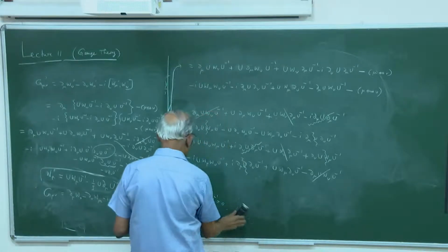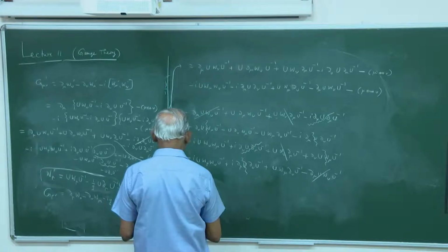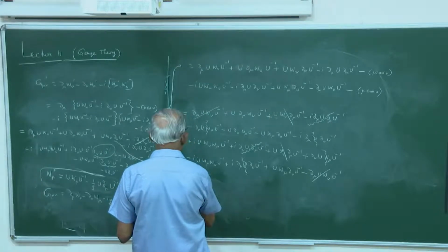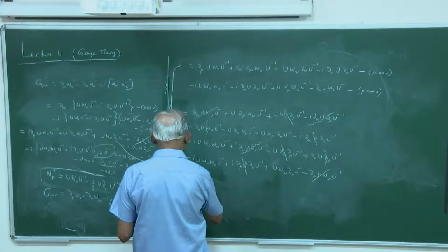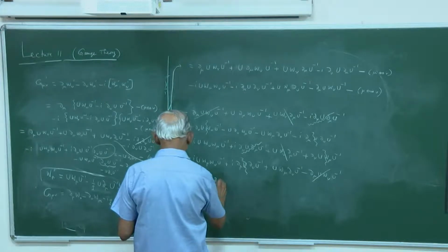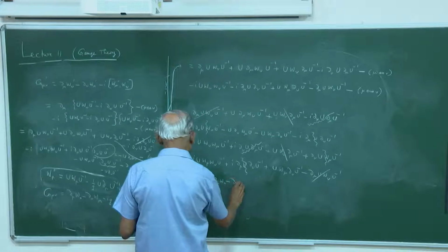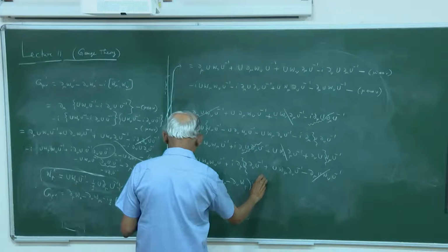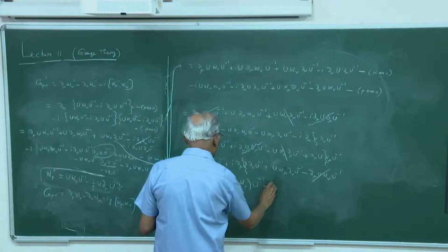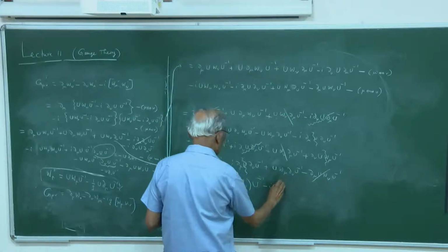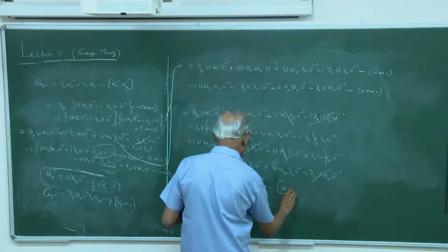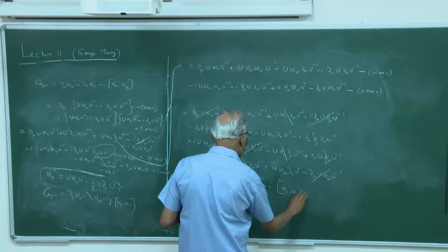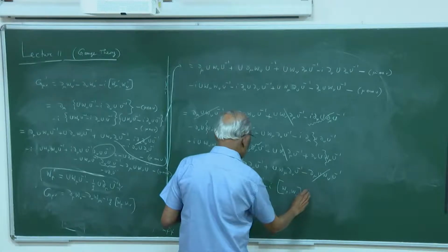So let us recover what is left. You can see what is left can be written as u d mu W nu minus d nu W mu u inverse, minus I commutator of W mu W nu into u inverse.